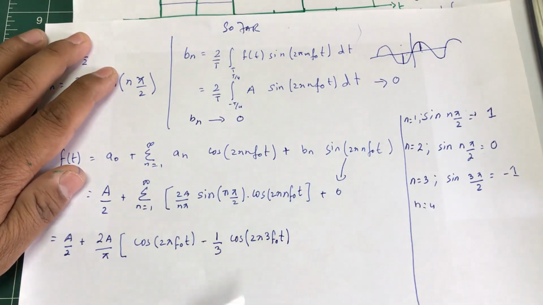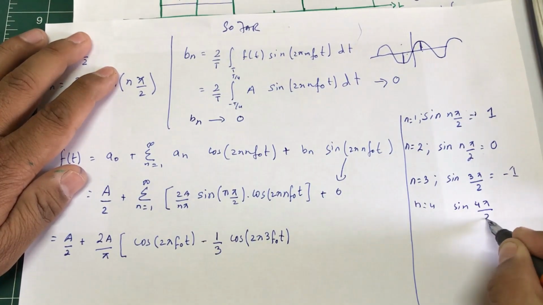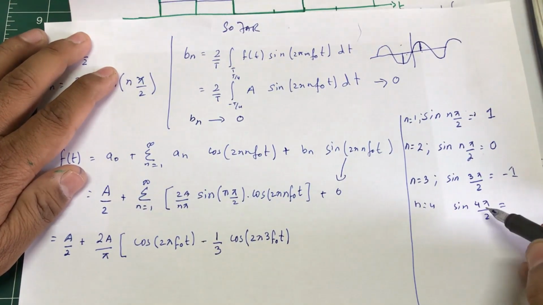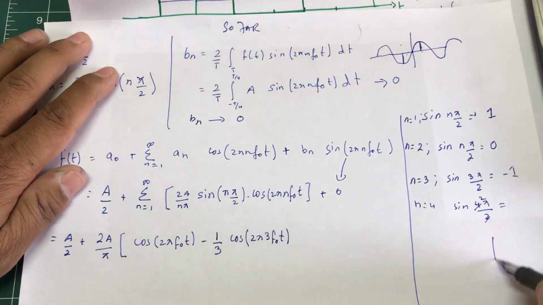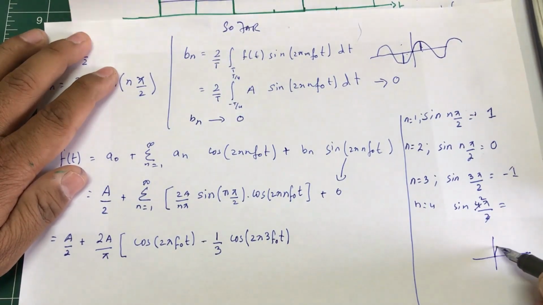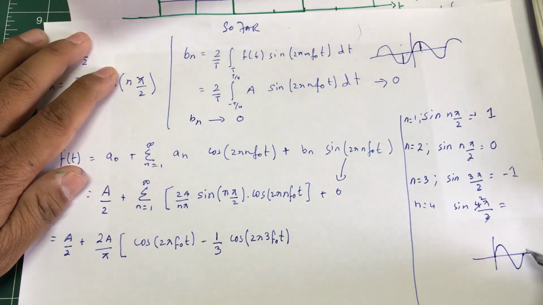So next you try 4. This is going to be sine of 4 pi by 2. So that would be what? That would be 0, isn't it? This is just 2 pi. And what is sine of 2 pi? Sine of 2 pi is actually 0.